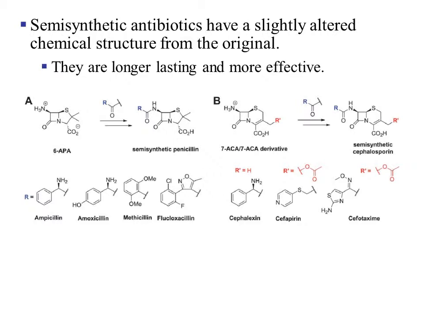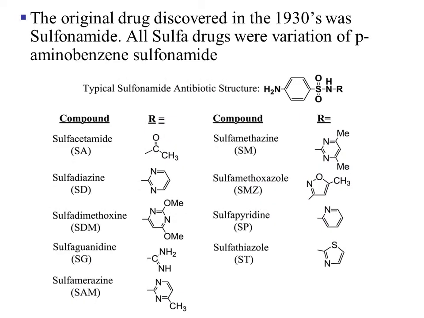Once it is chemically altered, it has a better efficacy. The original drug discovery in the 1930s was a sulfur-containing drug called sulfonamide. All sulfur drugs were variations of p-aminobenzene sulfonamide.